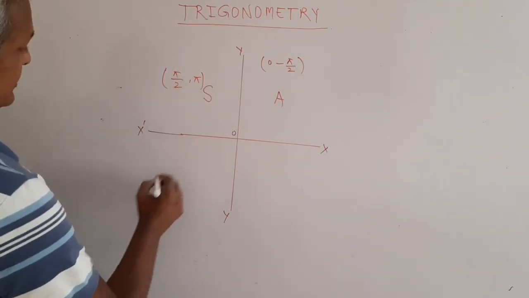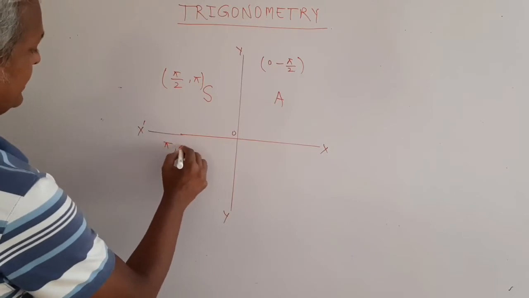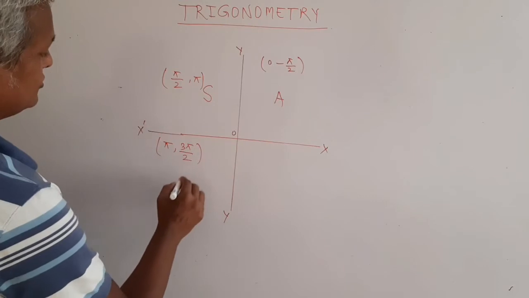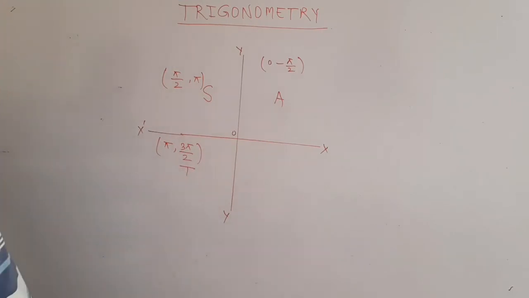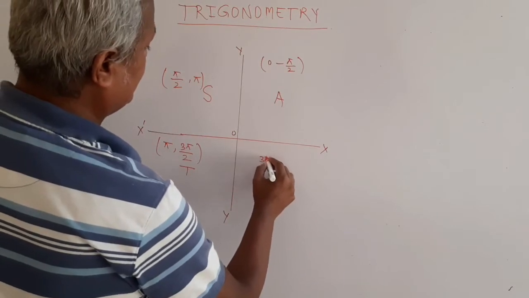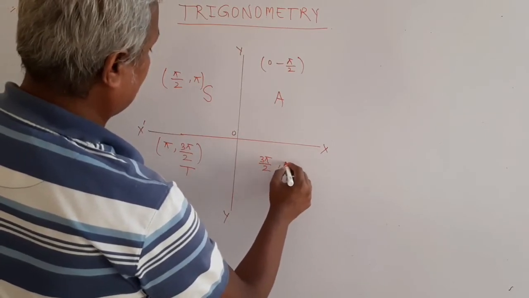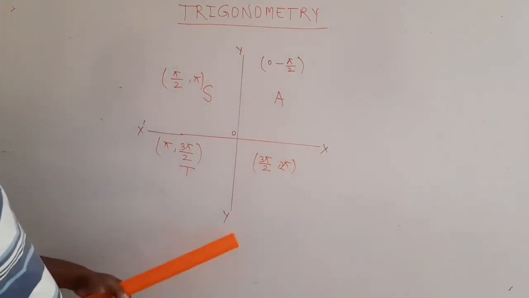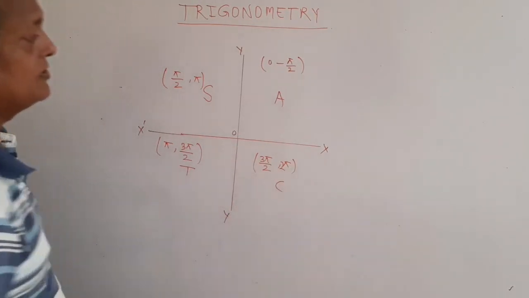In the third quadrant, you have pi to 3 pi over 2, so only tan is positive. In the fourth, you have 3 pi by 2 to 2 pi, so there only cos is positive.